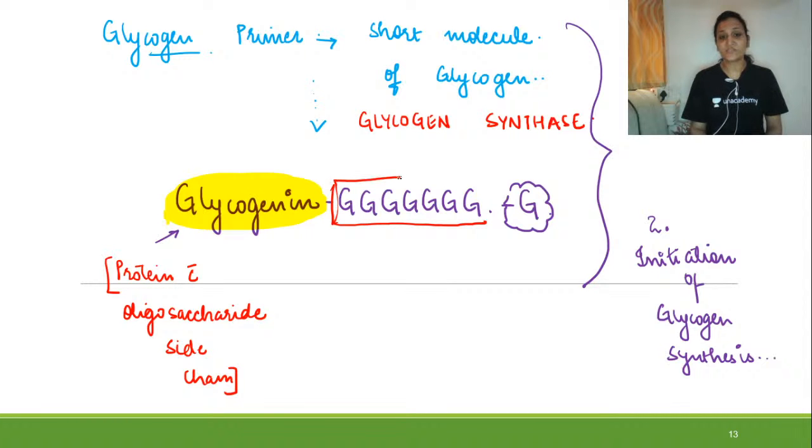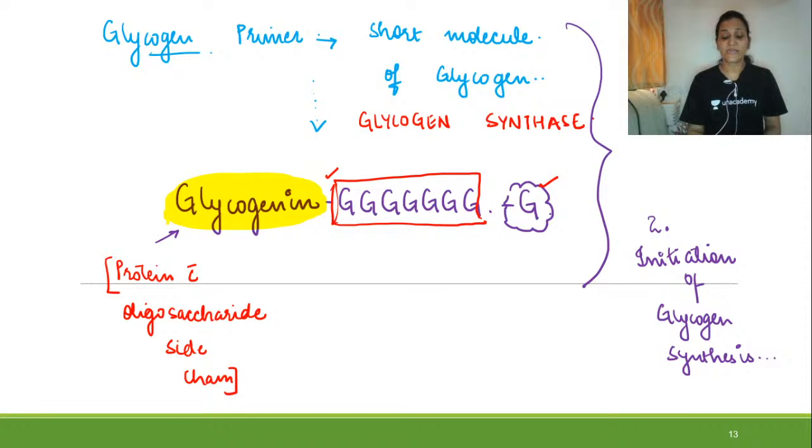And this extra G which I have written over here is coming from UDP glucose, and this is the side chain of the glycogenin. In this step, glycogenin is getting attached with the UDP glucose, and this is how the glycogen primer is getting extended.